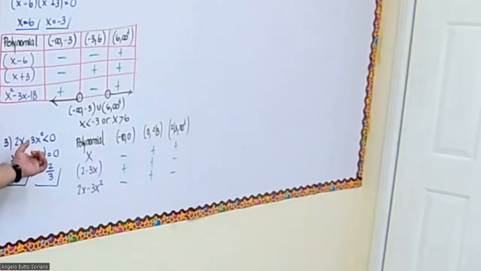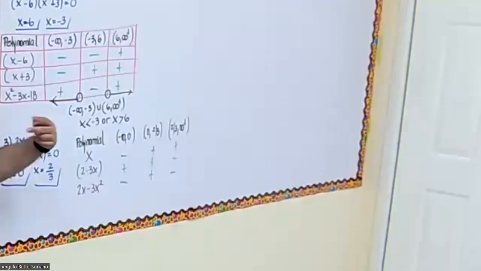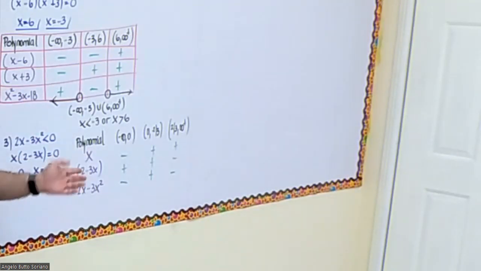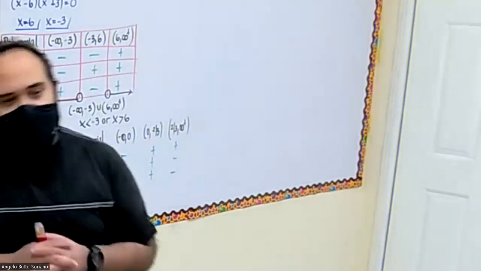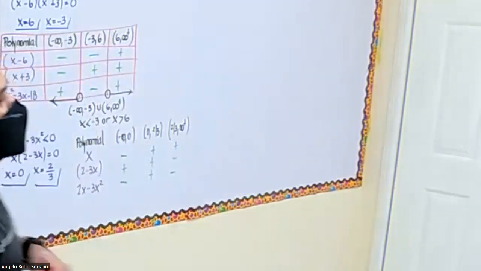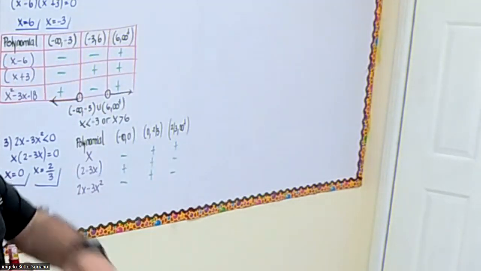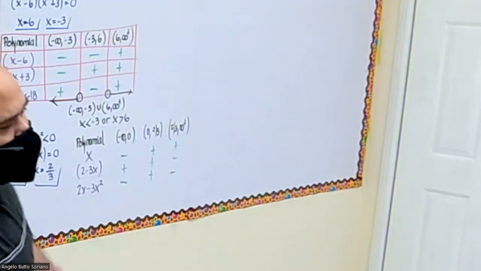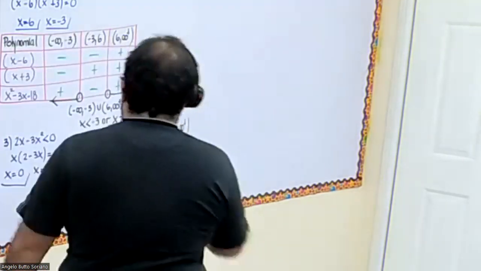Pero al cambiar el signo, también cambiaría la orientación, y en vez de ser menor que 0, sería mayor que 0. Eso no le va a cambiar la solución, porque siempre buscaría el positivo y siempre quedarían las uniones. O sea que lo importante en la matemática no es cómo empiece, sino cómo termine. Puede usted agarrarlo de diferentes maneras, pero al final tiene que llegar a la misma conclusión.